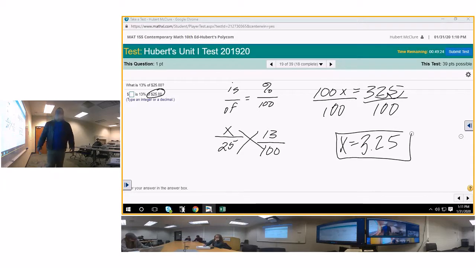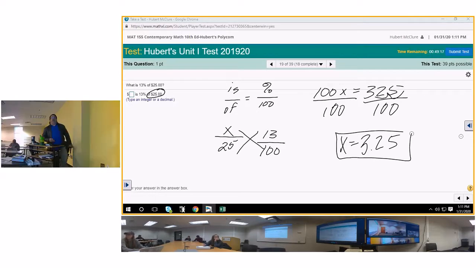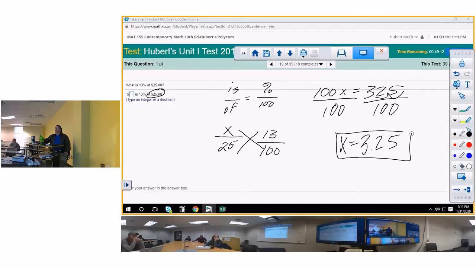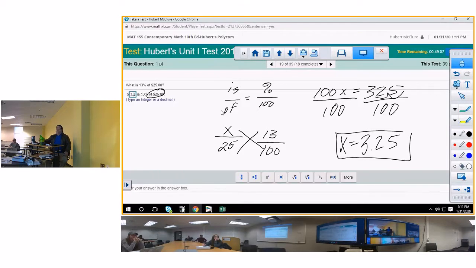So $3.25 is 13% of $25. We're going to go as far as we can before y'all start doing convulsions. 3.25 and move on.